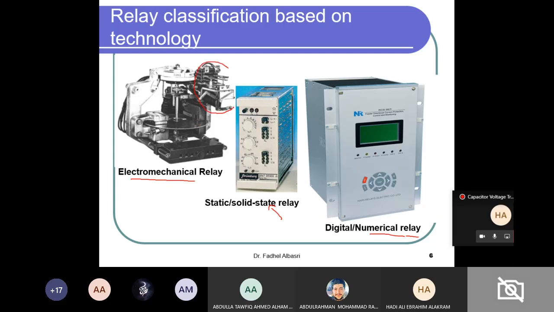This is what I meant: this is an auxiliary relay, and this is the protective relay. This auxiliary relay just has an indication where you want to see if this is tripped or not. So this is an example of an auxiliary relay, with another protective relay.